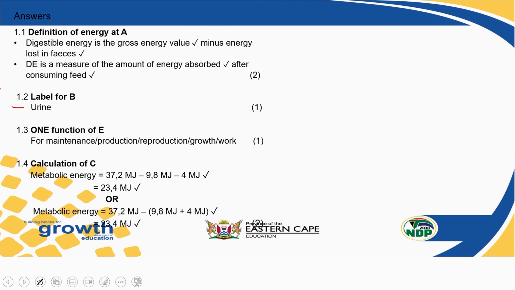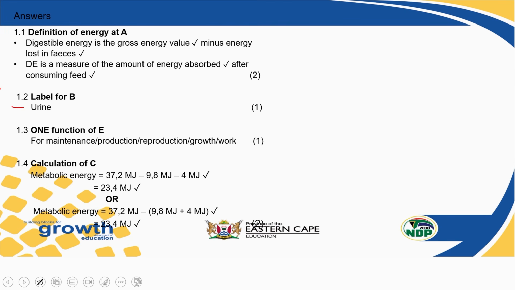What is left for an animal to do its work? I said it may be for maintenance, for reproduction, for growth, for all the activities that an animal needs to do. After all these energies have been lost from that total energy that has been produced after the feed has been burnt to its oxidative product.